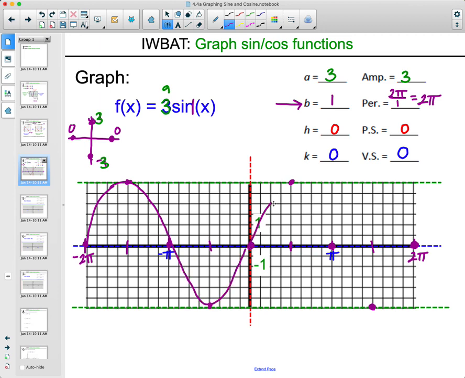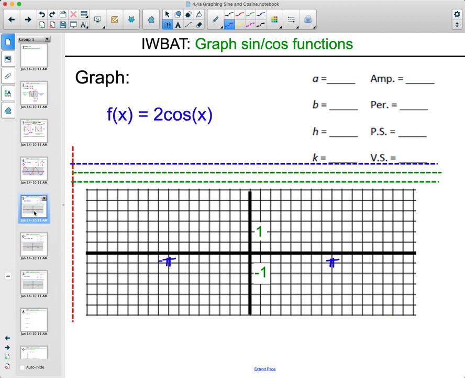They're not absolute values, they're not pointy. So do the best that you can on your paper, and then you'll get that sine function. This one is just the exact same as the initial sine function, just at a top and bottom of 3 and -3.